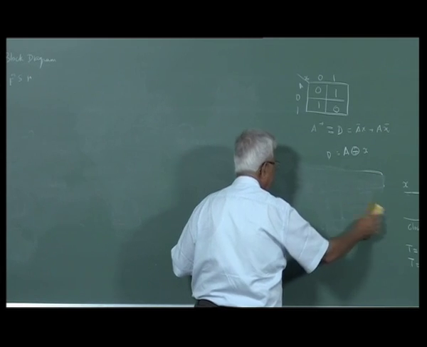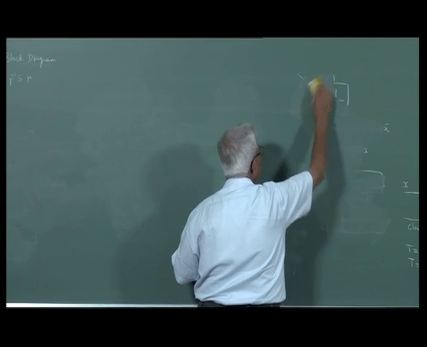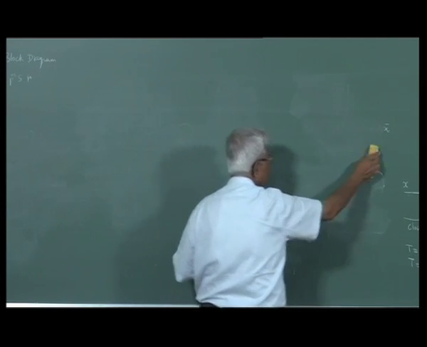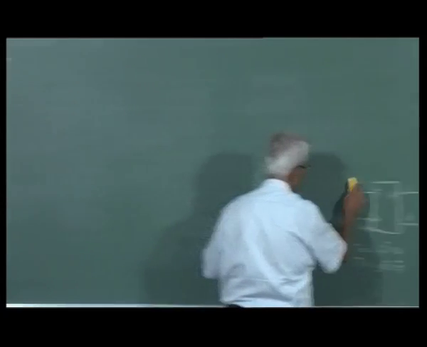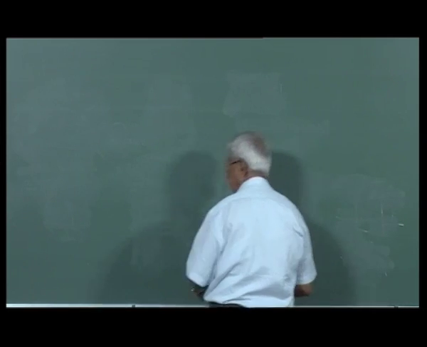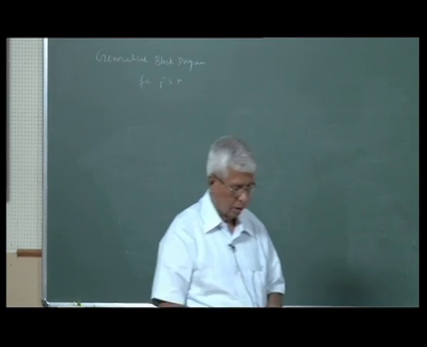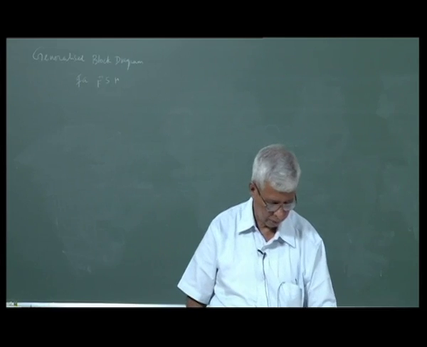It could be D or T or JK. I didn't draw JK, but you can do it yourself. I will give you one more state graph and let us see how to design that, how to get a circuit out of that.